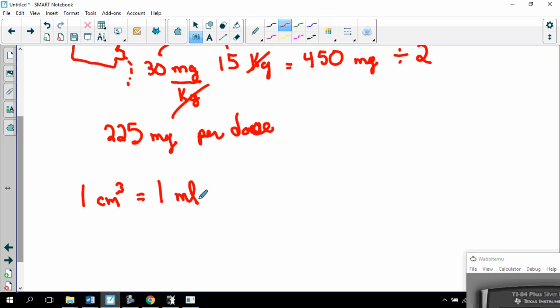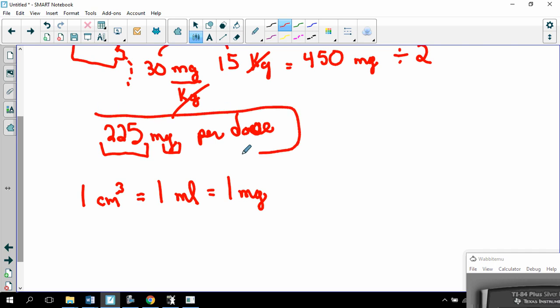But this is in grams, so I think it's similar to 1 milligram if we're talking about water. That would be a lot of cubic centimeters per dose. I'll have to rethink that. But I got the problem right.